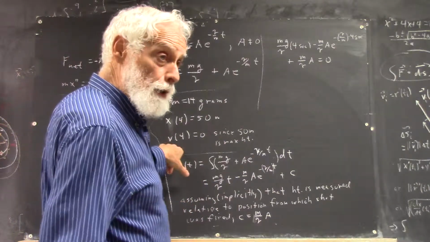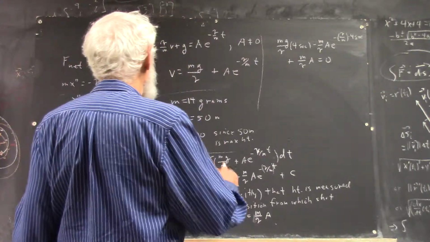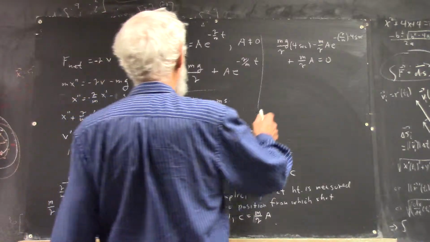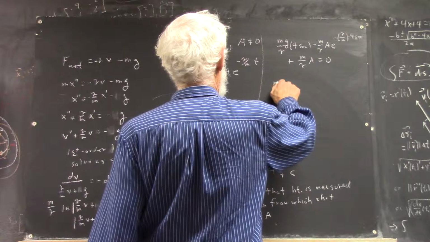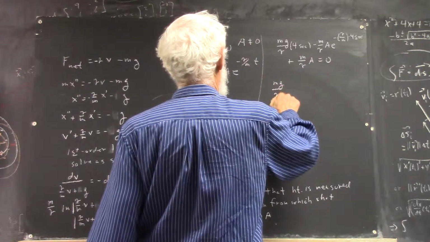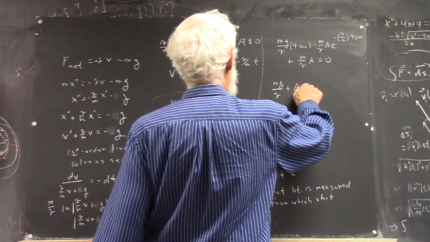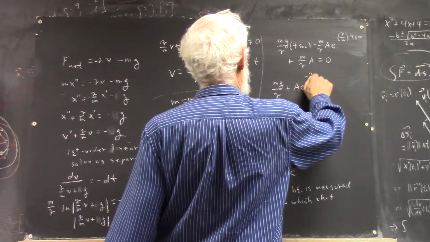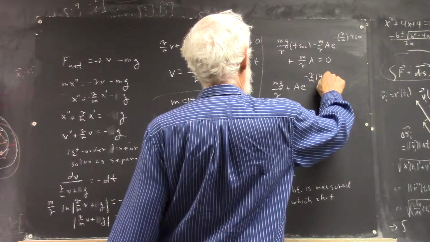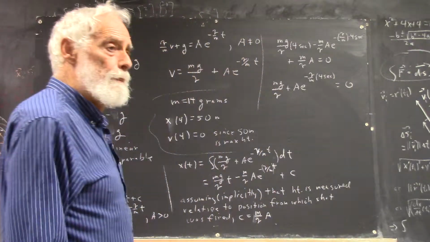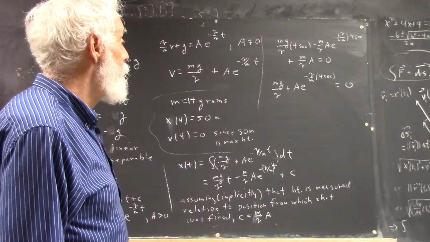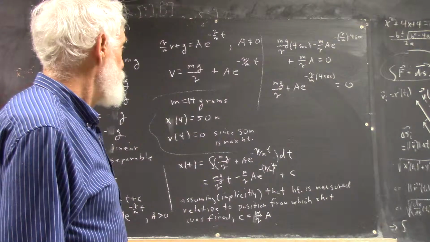So let's write out what happens for v. v of 4 equals 0, so we have mg over gamma plus A e to the negative gamma over m times 4 seconds equals 0, right? The top one is going to equal 50 instead of 0.